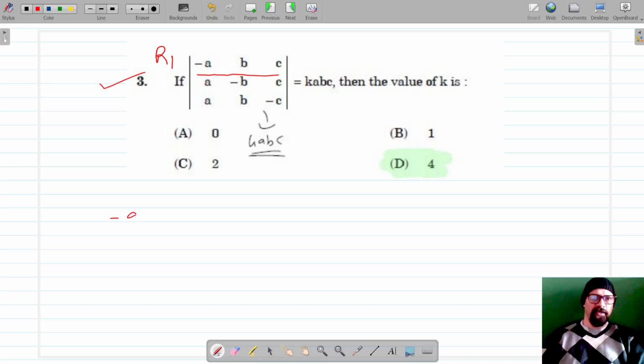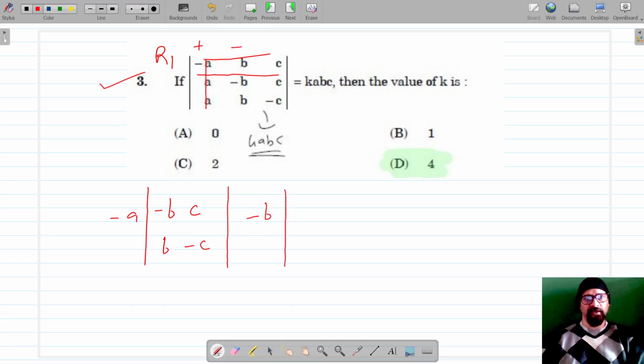So this should be minus a, the first element, and removing the row and the column for negative a, we are left with the determinant minus bc and b negative c. So this is plus and this is negative, so this is negative b.